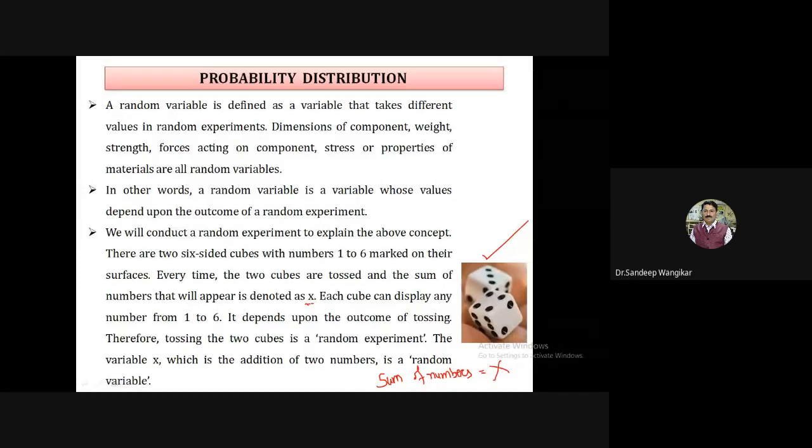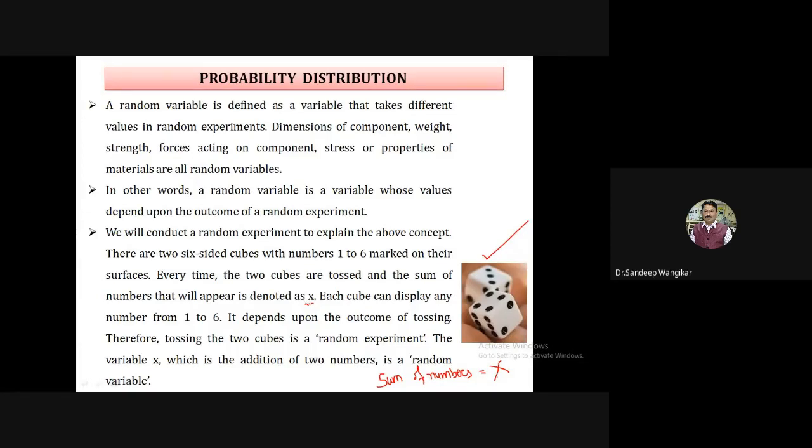For example, in one case it shows 3, in another case it shows 4. So 4 plus 3, 7 will be x. In another case 2 and 4, 6. Each cube can display any number from 1 to 6. So cube 1, 1 to 6, cube 2, 1 to 6. It depends upon the outcome of tossing.